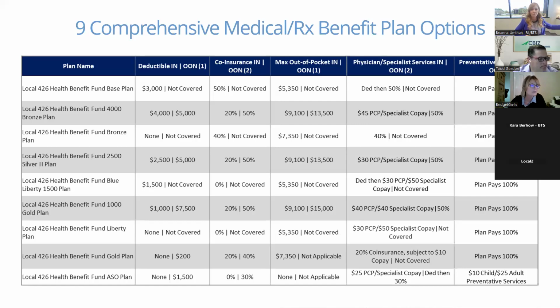The high plan that I was saying is a lot like the plan you used to find in the 80s. This is an in and out of network benefit, no deductible in network, no co-insurance in network, no maximum out of pocket, and you pay copays for all of your services.